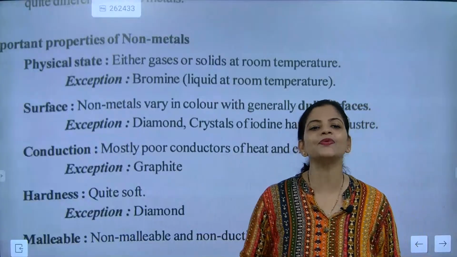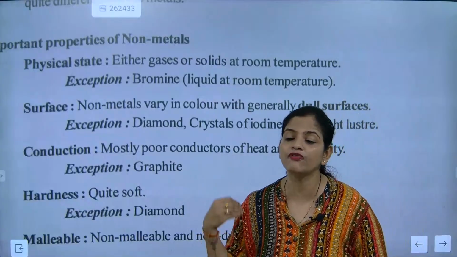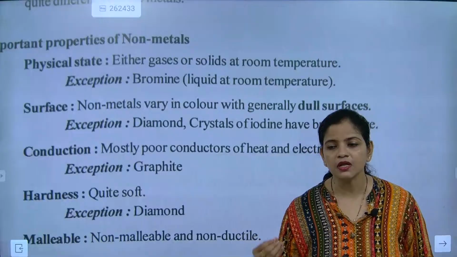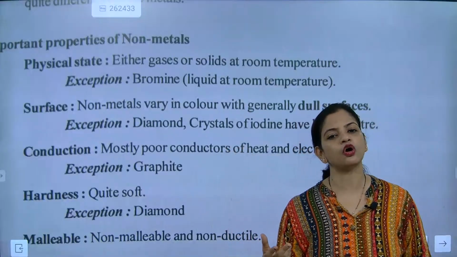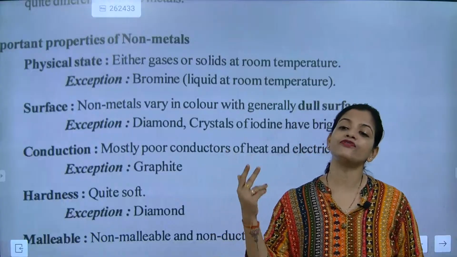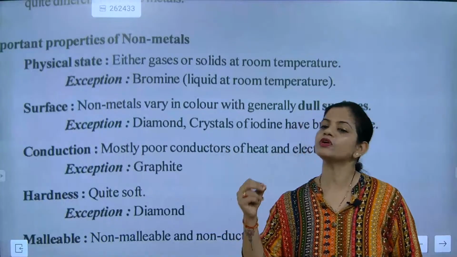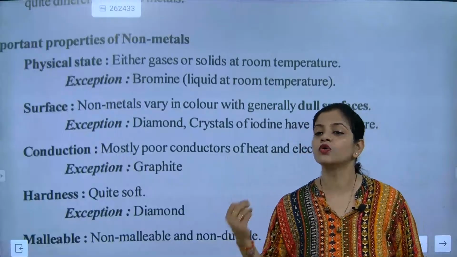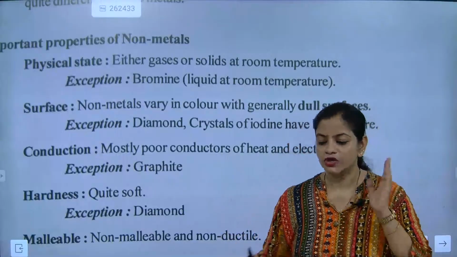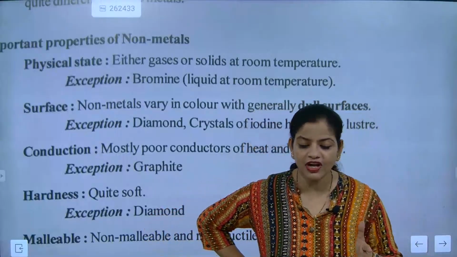Graphite is not in the periodic table because graphite is a type of carbon. Though carbon has allotropes, graphite is one of the allotropes of carbon, and graphite has free electrons. Because of the presence of free electrons in the structure, they are good conductors of electricity. Usually, are non-metals good conductors of electricity or not?